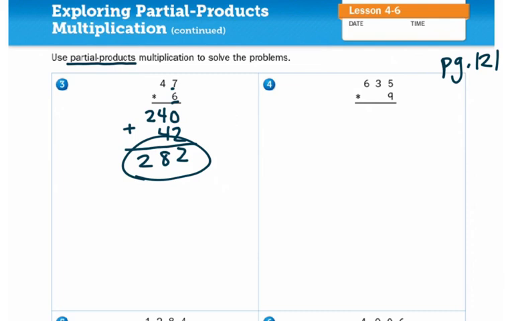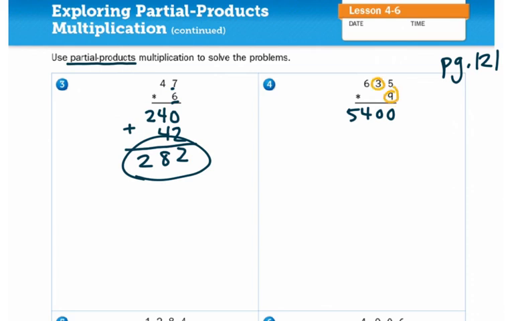635 times 9, number 4. First thing we're going to do is take 9 times the value of the 6. 9 times 600, or in other words, 9 times 6 with 2 zeros behind it because there are 2 place values that follow it. 6 times 9 is 54 with 2 zeros behind it, or 600 times 9 is 5,400.